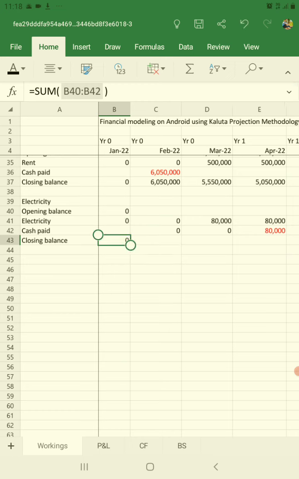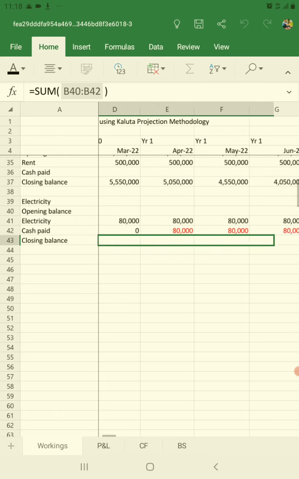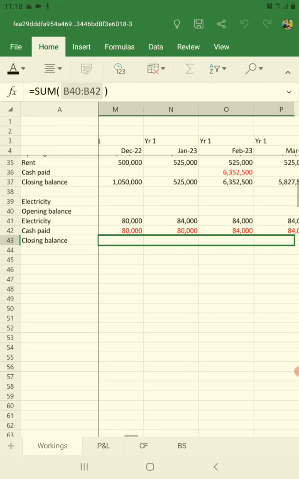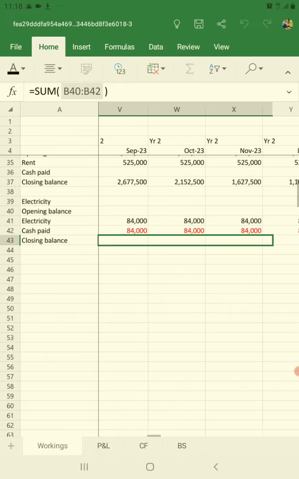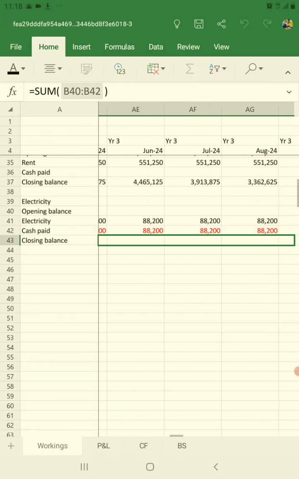Check. So this is the formula that covers opening balance, add electricity, add cash paid, because we add cash paid because it is already negative. So this formula is also true for the rest, so I'm dragging it till the end of our projection period.